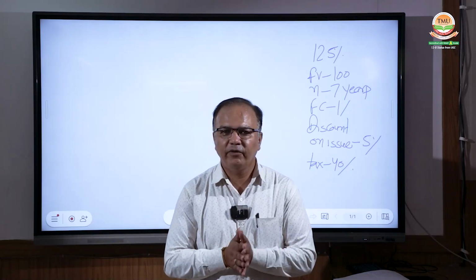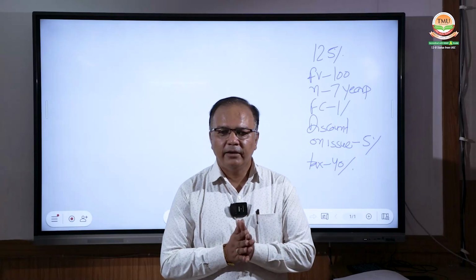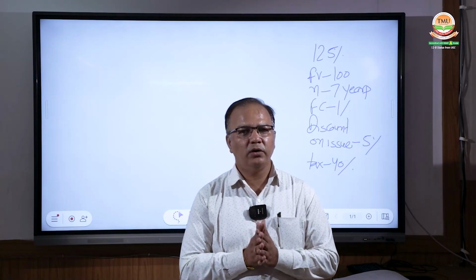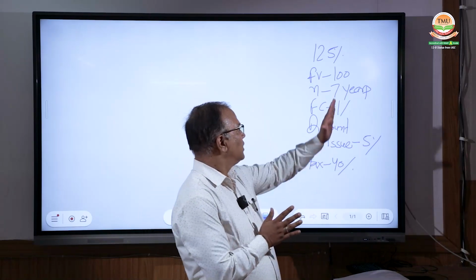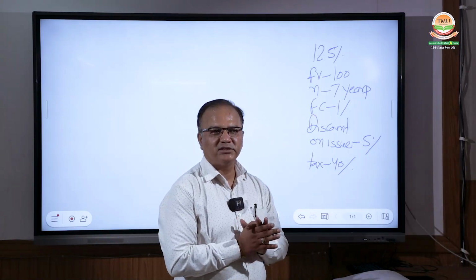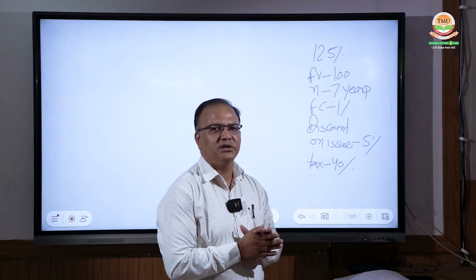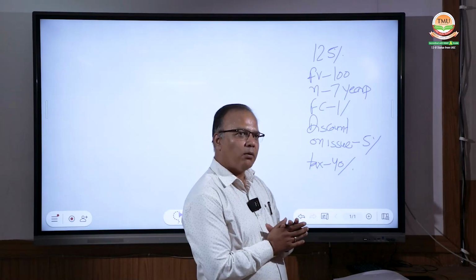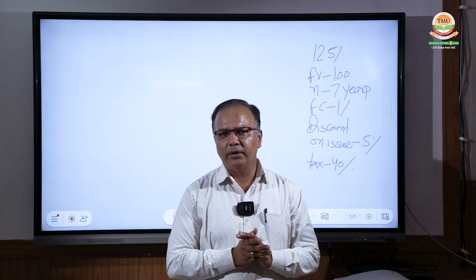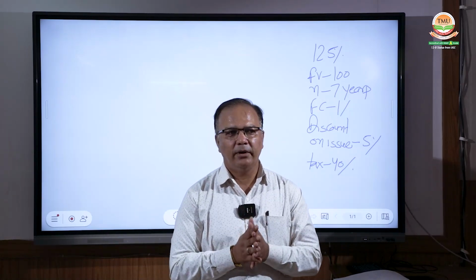This is the right way to do the problem, that whenever we have any question, first of all, we should write down all the information on an answer sheet so that it may be easy to solve the problem for us. Now, it is a case of redeemable debt.